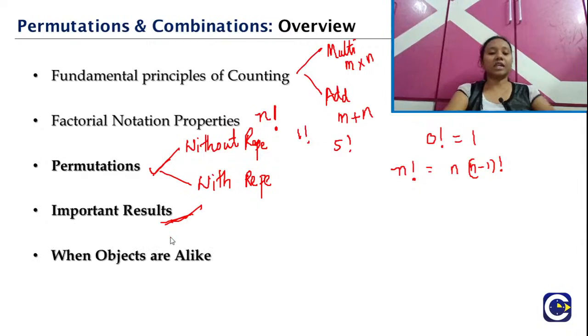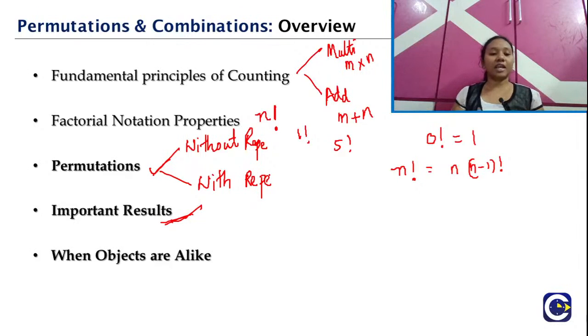After the important results, there is a special case, which is when objects are alike. Here, if we have some experiment with some m outcomes or n outcomes, and amongst those m there are some objects which are alike, then what will the situation be? How do we find the total number of outcomes, or the number of permutations?